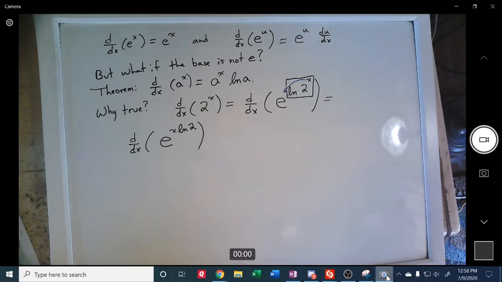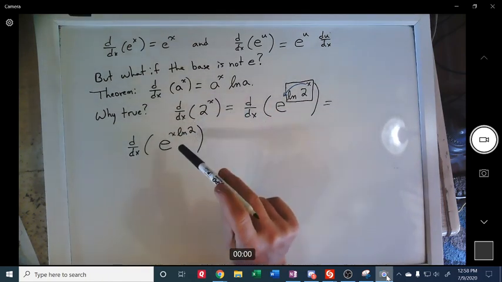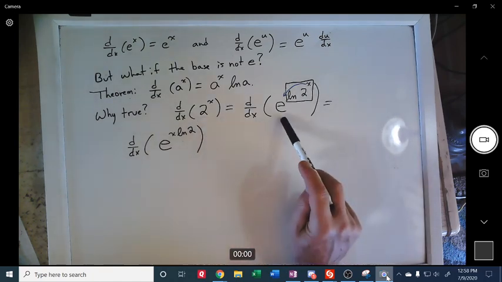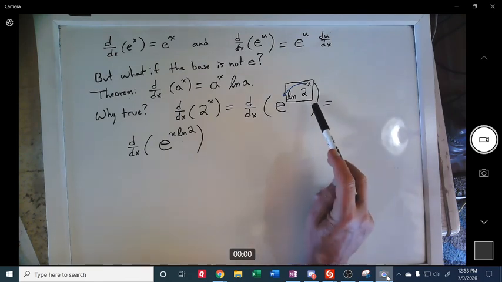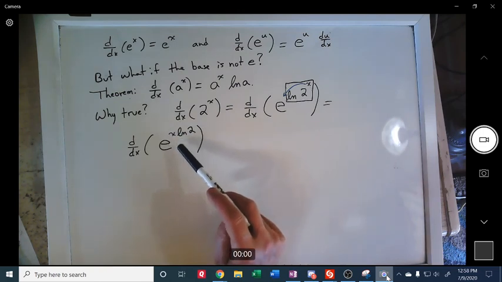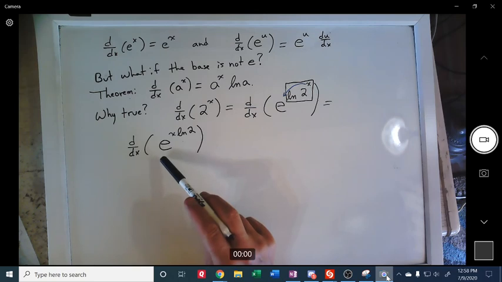All right, now what we've done is we started out with something whose base was not e. And then we just said, well, let's just make the base e, because it's possible to do that. And then we did one of the rules, rule 3, to make it look kind of ordinary now. How do you take the derivative of e to the u?